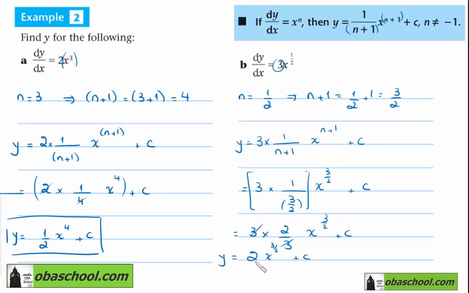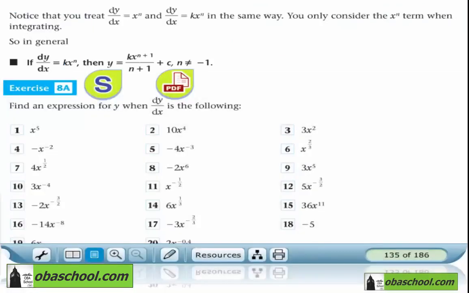As you can see, now we use integration to be able to find y from dy by dx, where x to the power n in these two applications is multiplied by a constant. Then in the formula we multiplied as well by the same constant, and we treated all the expression in the same way.